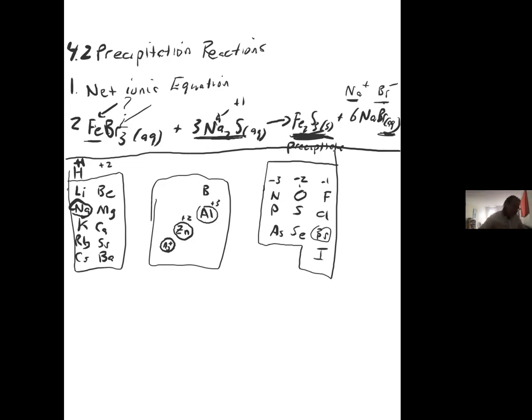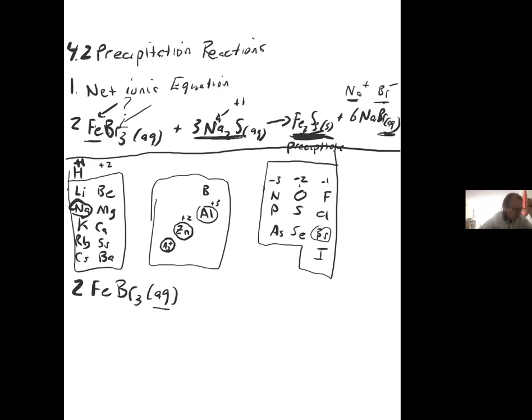Okay, so here's what I'm going to do. I'm going to take this balanced equation and rewrite it. And remember, we have to be able to count things. Let's remember we did that back in chapter 3, counting the number of atoms and ions. So when you look at FeBr3, first look to see if it's aqueous, and it is. That means it will form ions. It'll break up into ions.